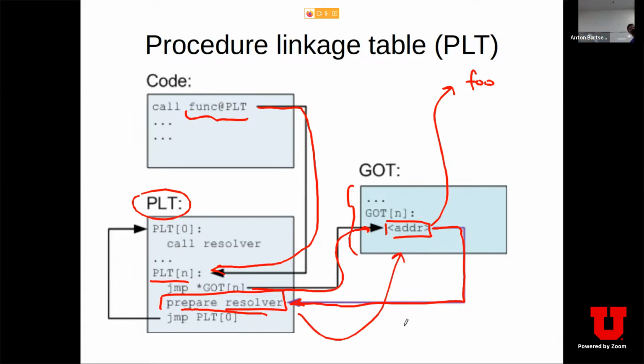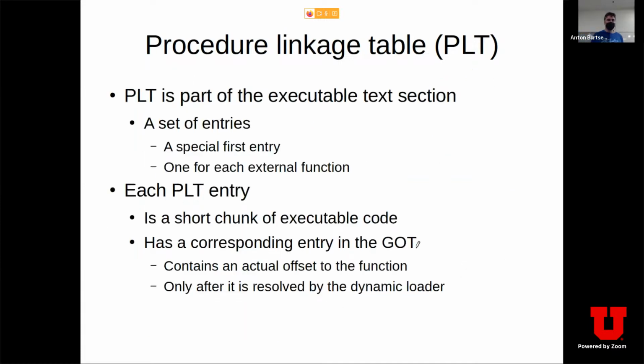When you're debugging a complicated program on Linux, you see, wow, like I really like single-stepping assembly instructions, and you suddenly land on some part of the linker here. And it's because the symbol was not resolved. Essentially, the first time you invoke it, it will take much longer because this thing will do the resolution, figure out where the foo function is in memory, and will patch this address, right? So this is called lazy linking with this procedure linkage table.